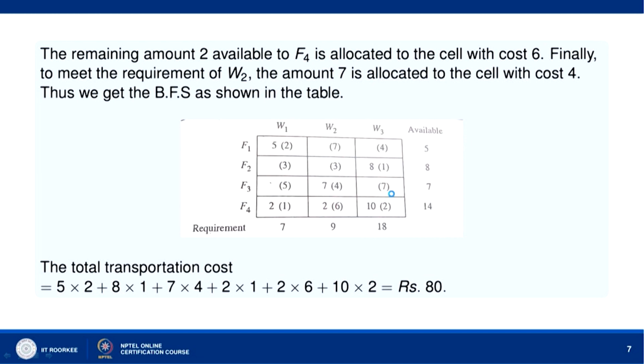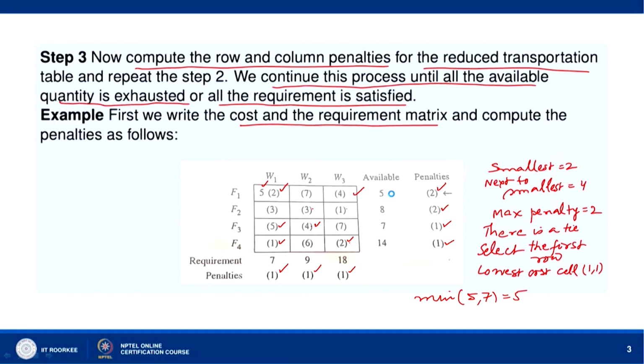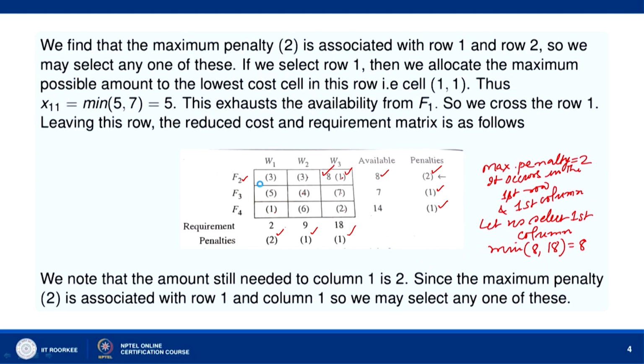This we can see from here. See, we can begin from here. This was the allocation. So, we gave 5 from F1 to W1.